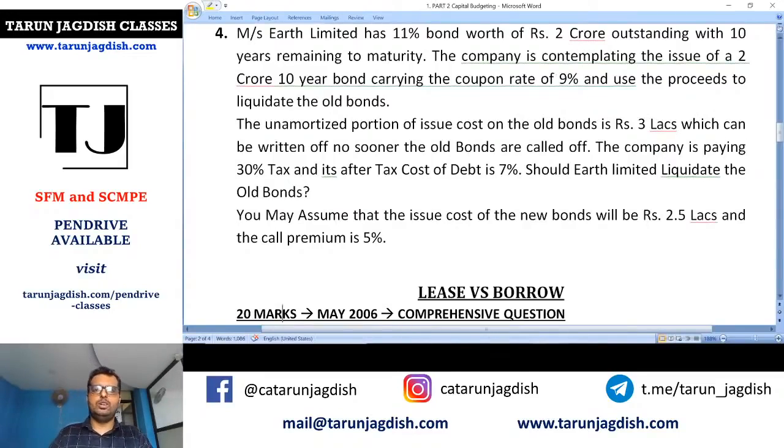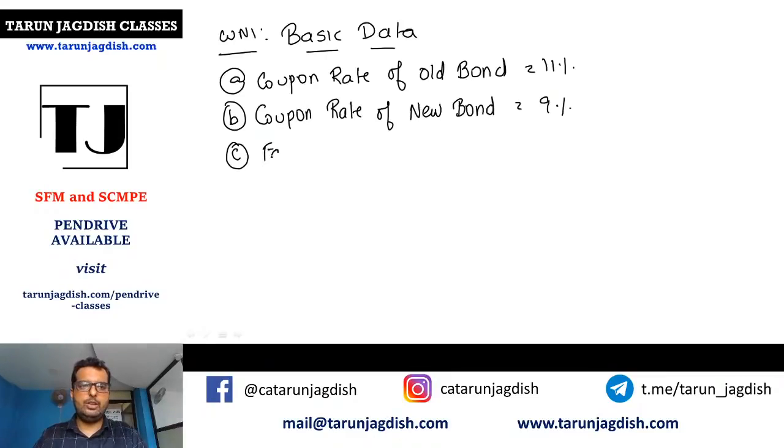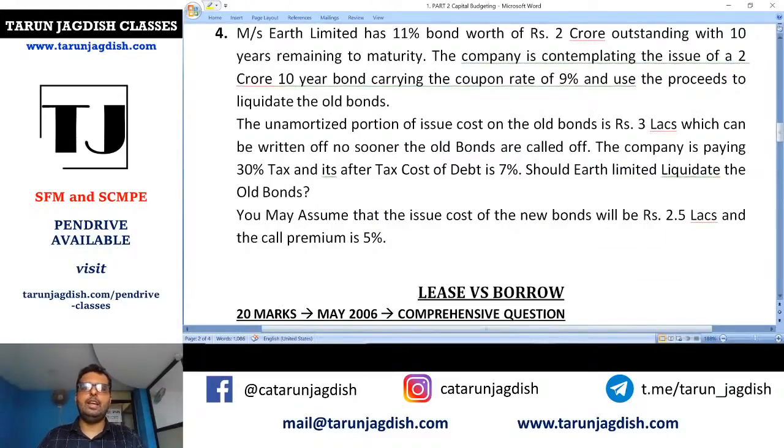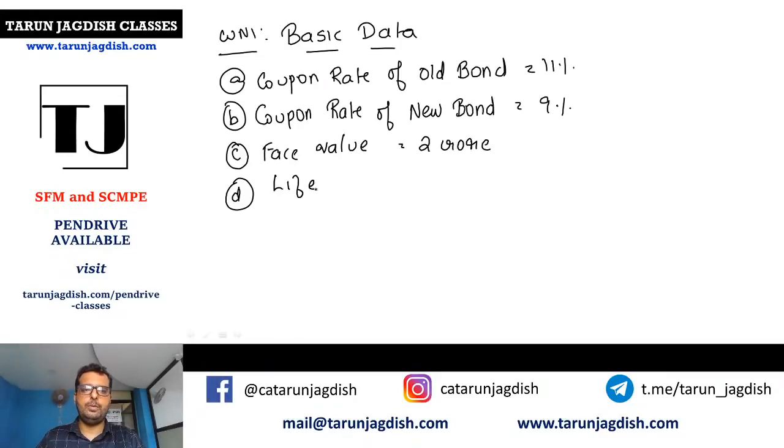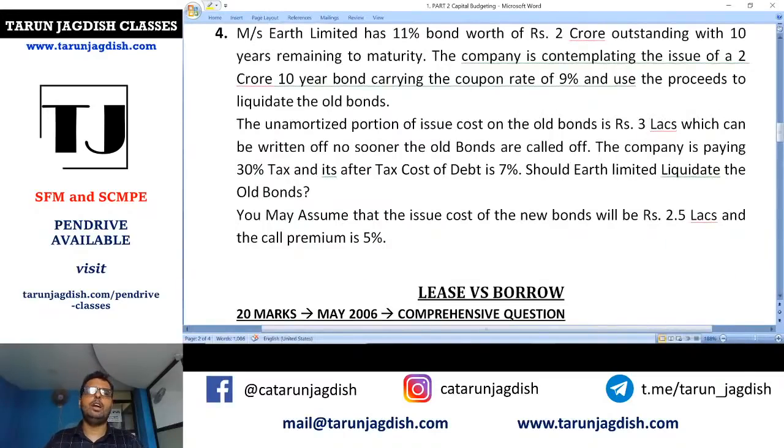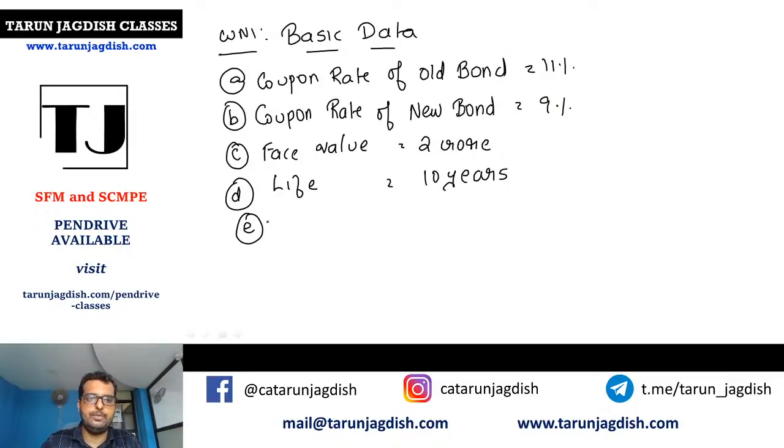After that, they have told the face value of both the bonds is 2 crore. Then they have told life is 10 years. Once we come down, they have told unamortized portion of the issue cost of the old bond is 3 lakhs.